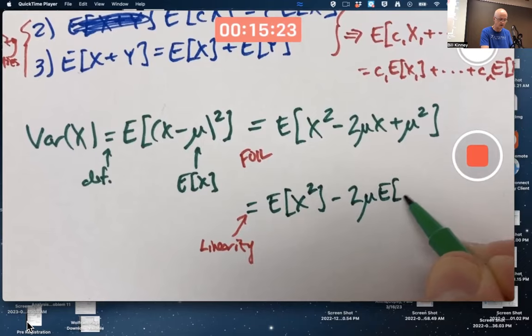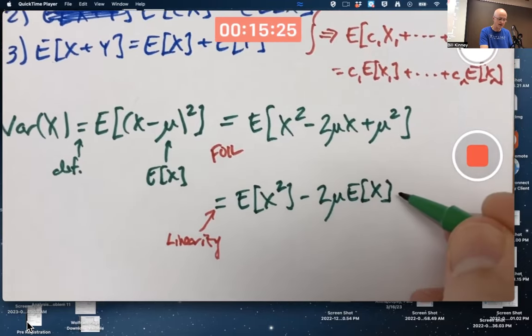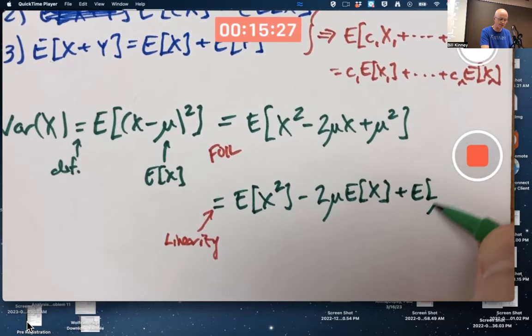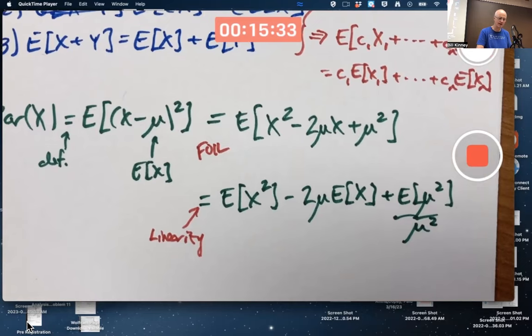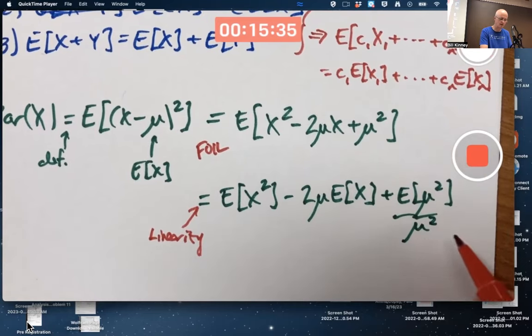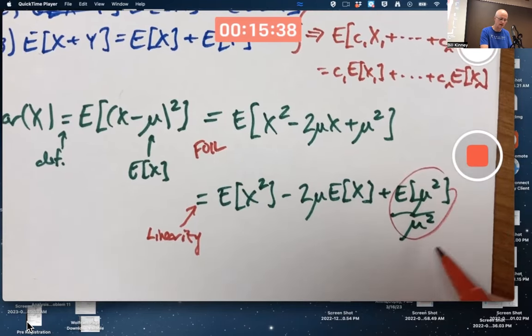I can write this. And yes, I could write the expected value of mu squared, but that is a constant, so it does equal mu squared. I guess that's property 1 of expectation.